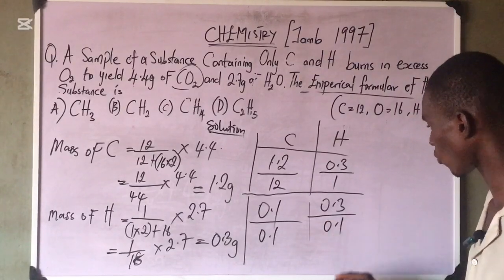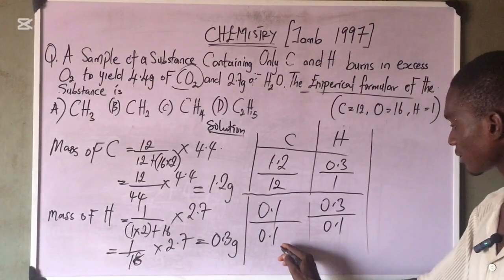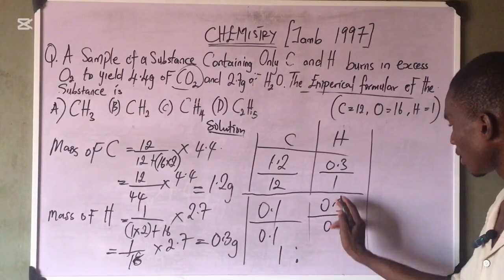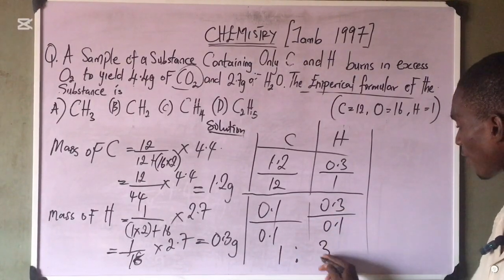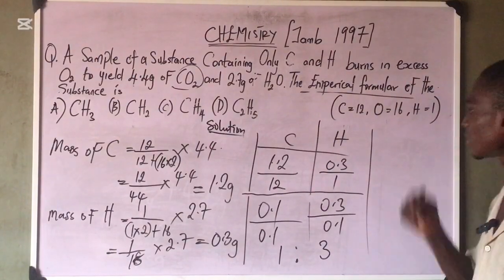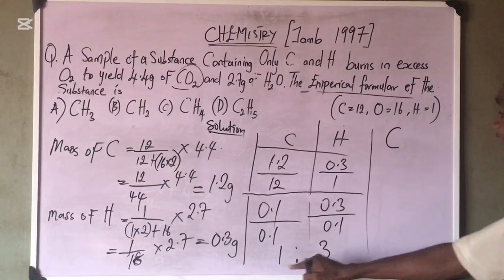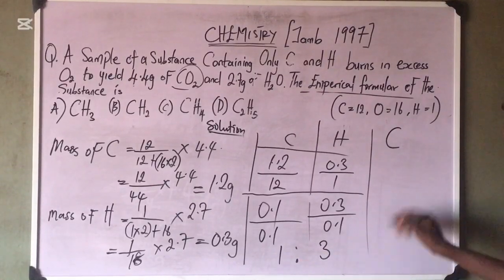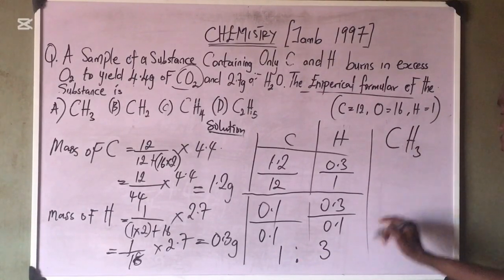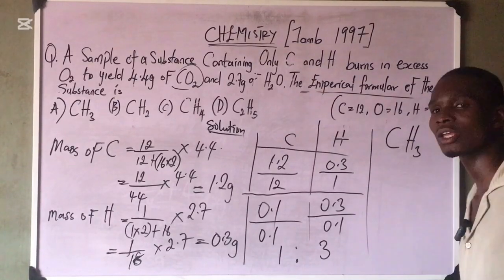Dividing, I have 1 for carbon and 3 for hydrogen. So I have a ratio of 1 to 3, which means 1 atom of carbon and 3 atoms of hydrogen as the empirical formula of the substance.